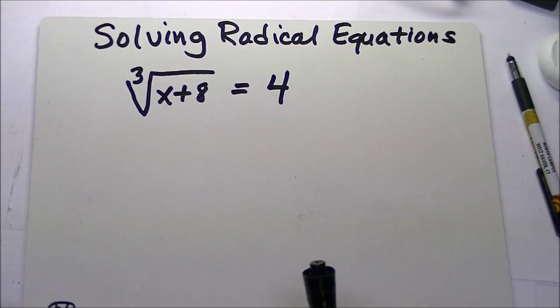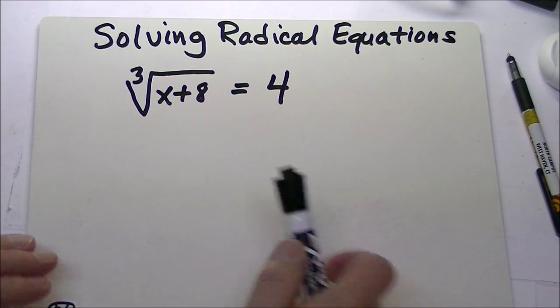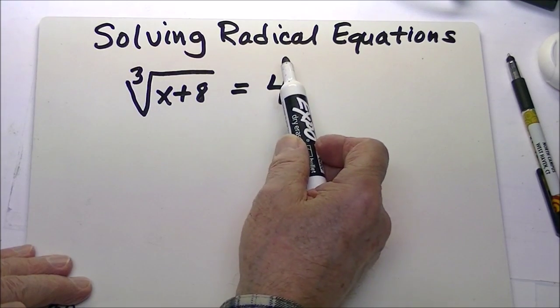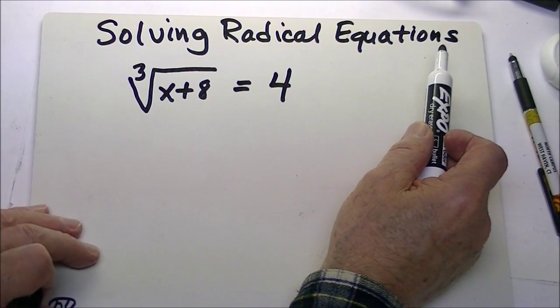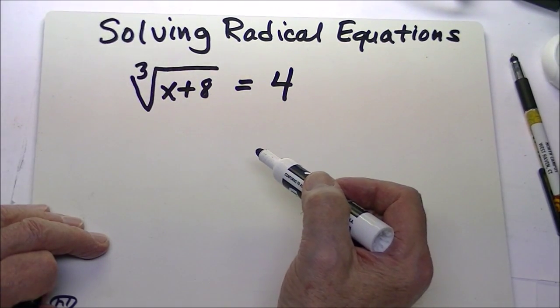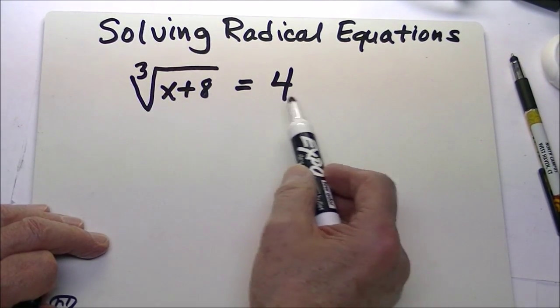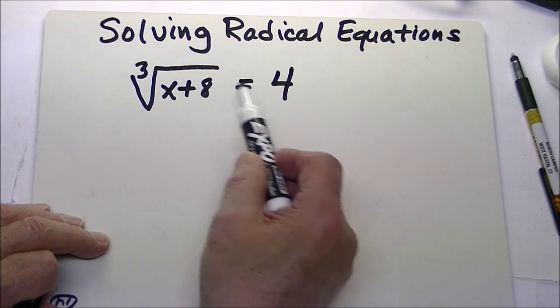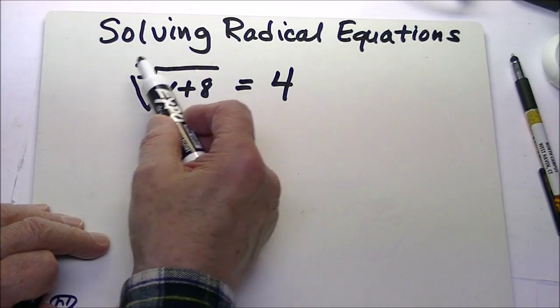Going on to topic 4.5, in which we are solving radical equations. Now, the strategy for doing that is to, of course, write out your example, and then you want to eliminate the radical sign.